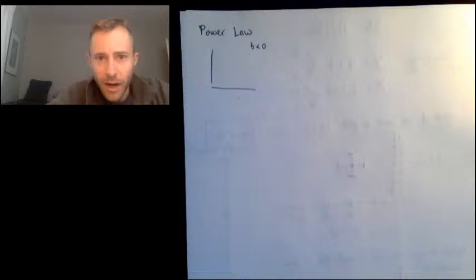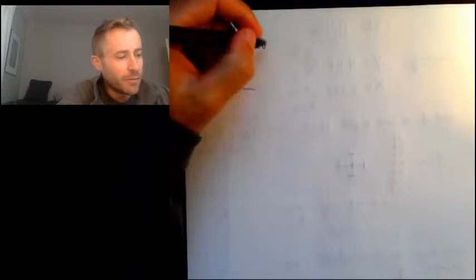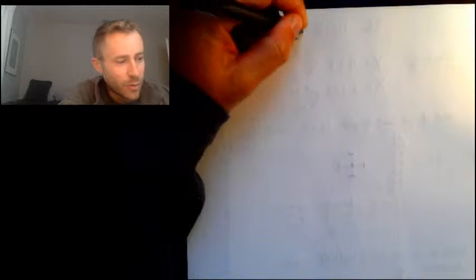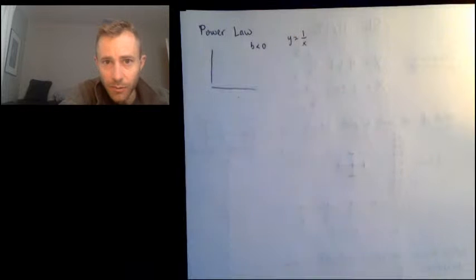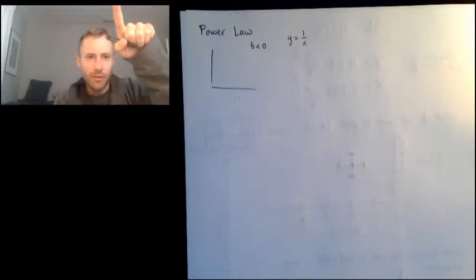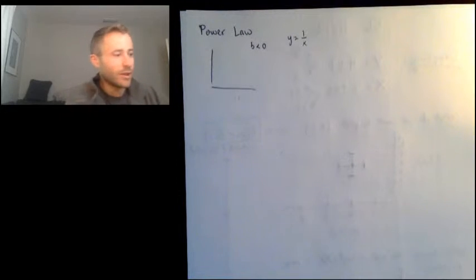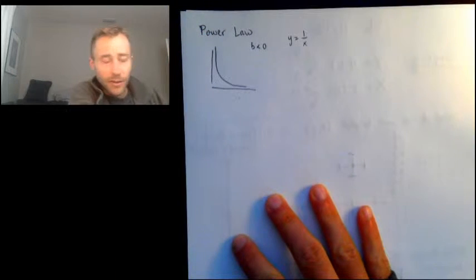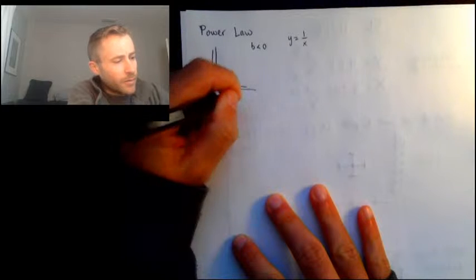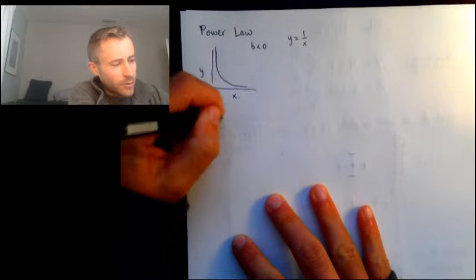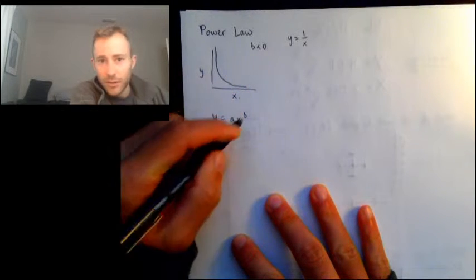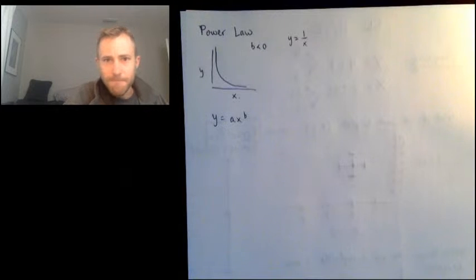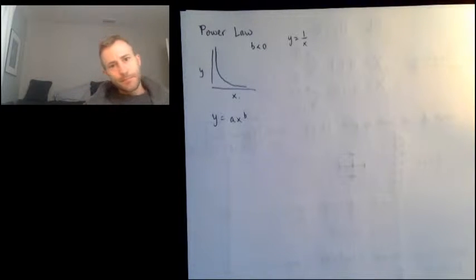Have you ever seen a graph of y equals 1 over x? That's x to the negative 1 power. That graph looks like this. It comes down from infinity and then flattens out. So again, this is y equals ax to the b, but b is negative. So that's a power law.